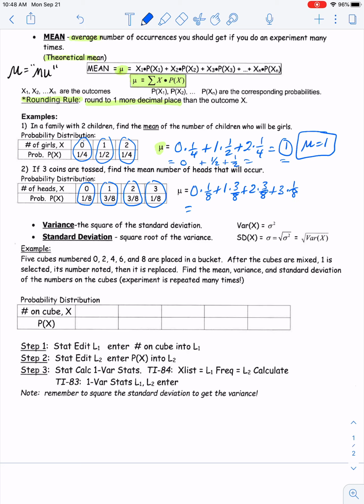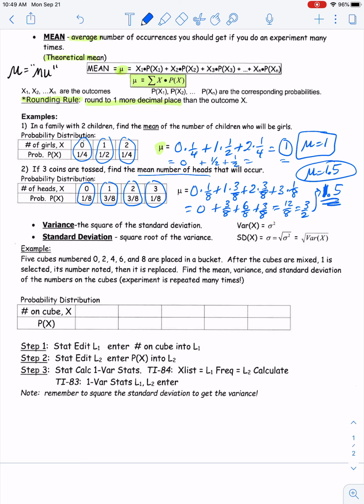Doing our arithmetic, 0 plus 3/8 plus 6/8 plus 3/8. If we add that up, you get 12/8 or 3/2, which is better known as 1.5. So the mean for this one is 1.5. And that's the mean number of heads that will occur when you toss a coin 3 times.